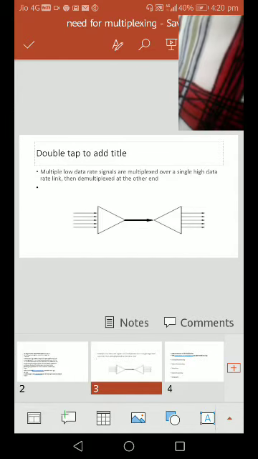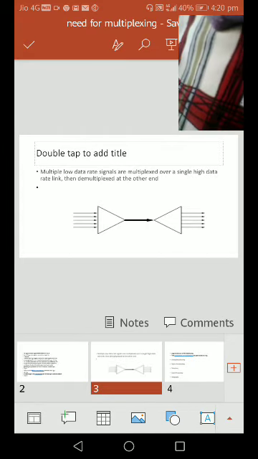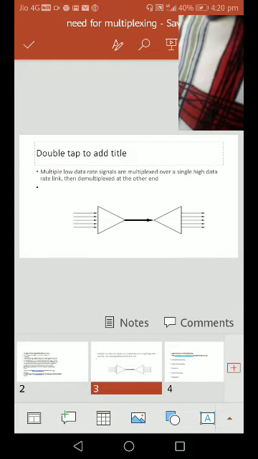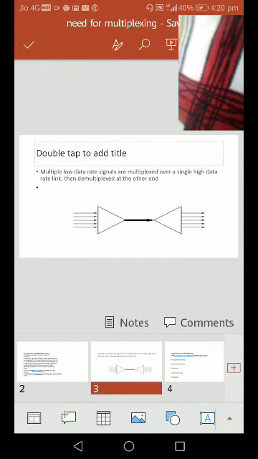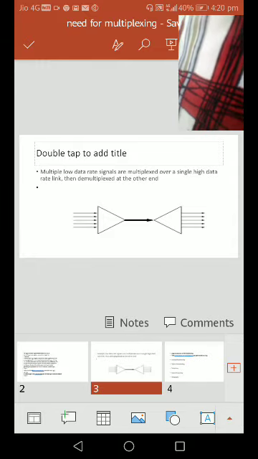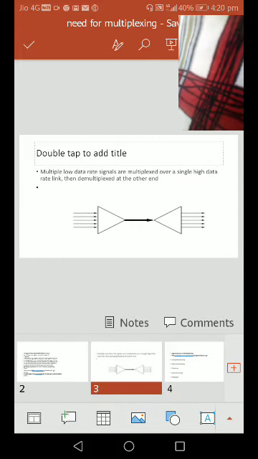As shown in the next slide, multiple low data rate signals are multiplexed over a single high data rate link, with a demultiplexer at the other end.